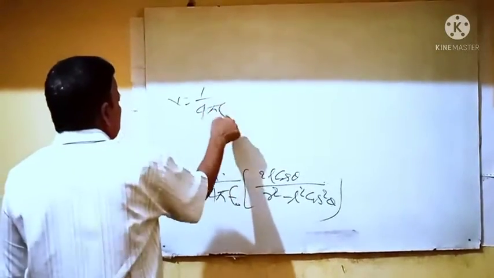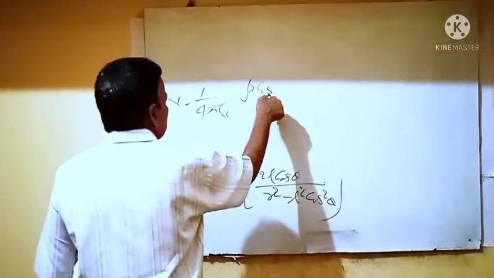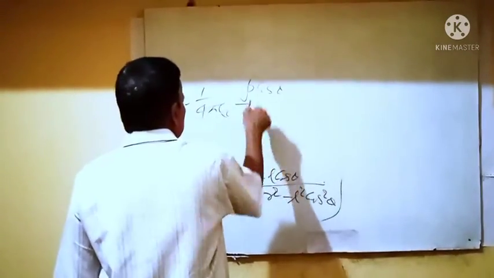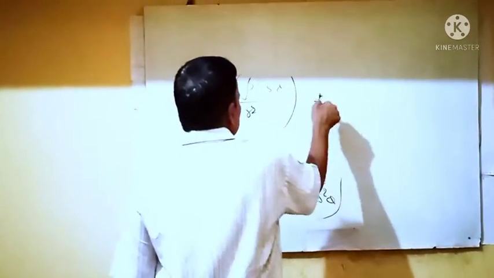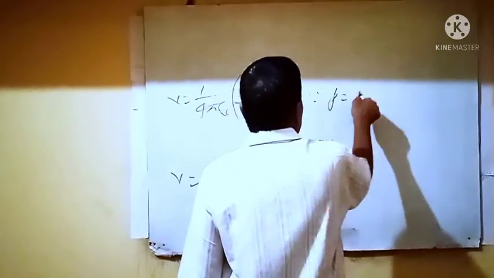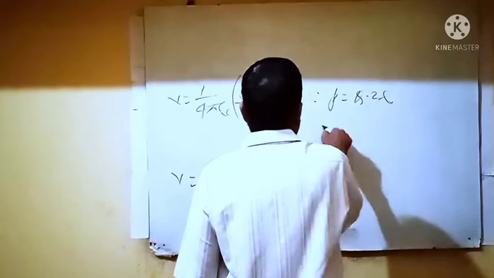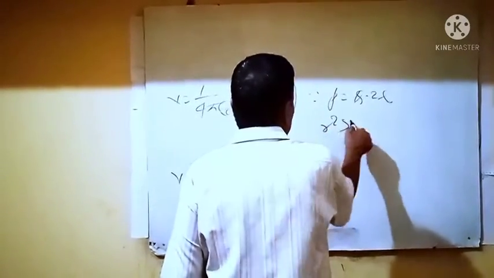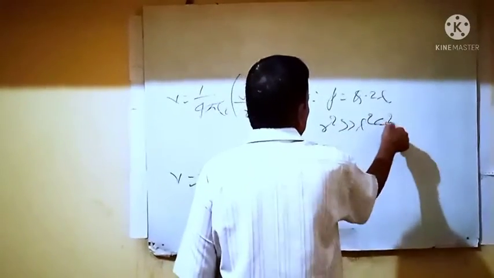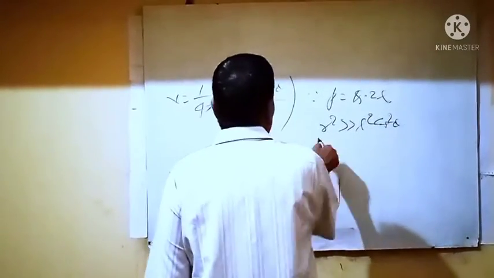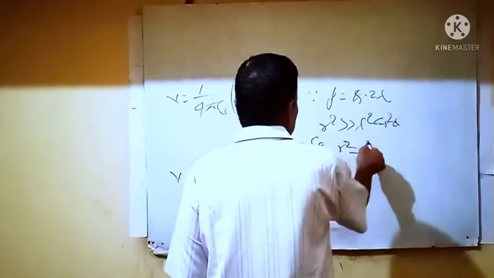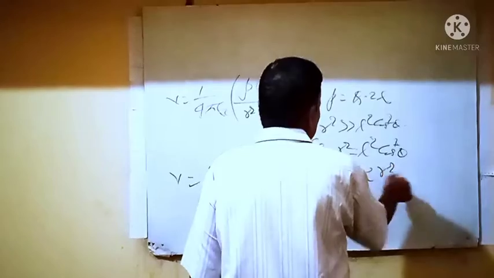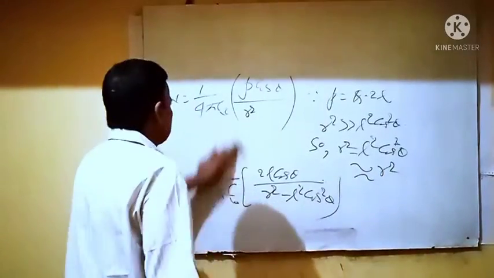Because r square is very much greater than L square cos square theta, r square minus L square cos square theta is approximately equal to r square.